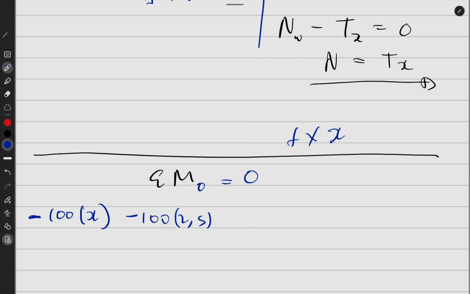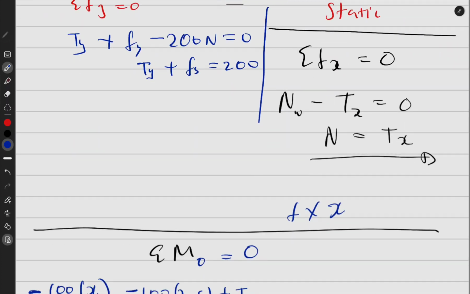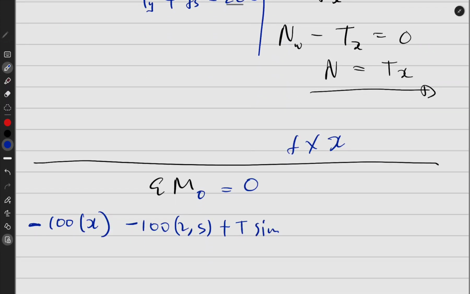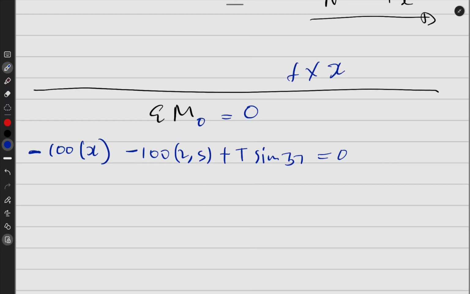Plus Ty, let me just call it T sine 37, that should equal 0. Let me go there. Did I miss any force? I did a moment for this, 1, 2, 3. I've done it for all of them. This is where I am right now.